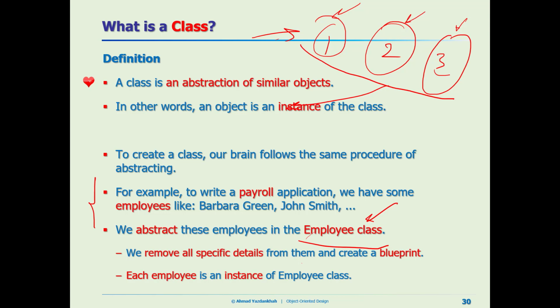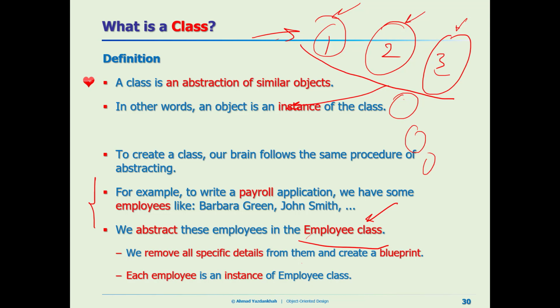For example, if you are going to write a payroll program, as a designer you look at that department or organization and see, okay, there are some employees here, and that's why we need a class called employee. So your brain as a designer will do that. That's called abstraction.